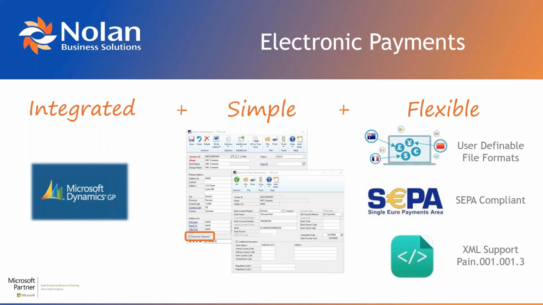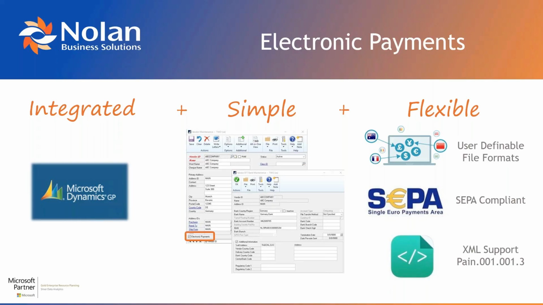Third, it is flexible. What we really differentiate ourselves on from the Dynamics EFT payables module is the flexibility of our file format definition, with the ability to create very user-definable file formats to help support the various international vendor payment requirements.